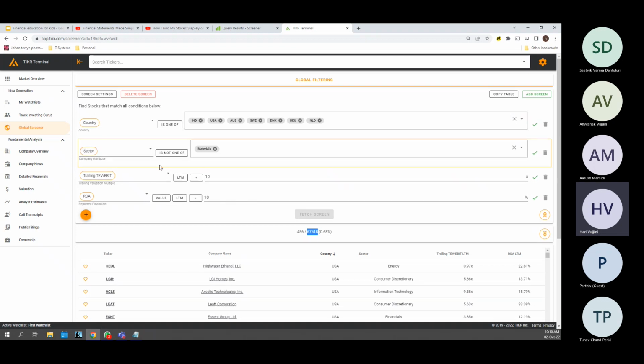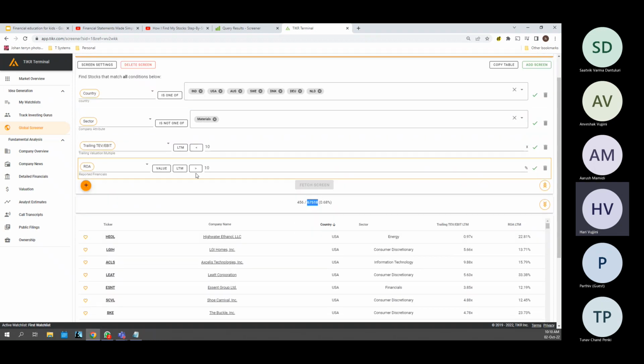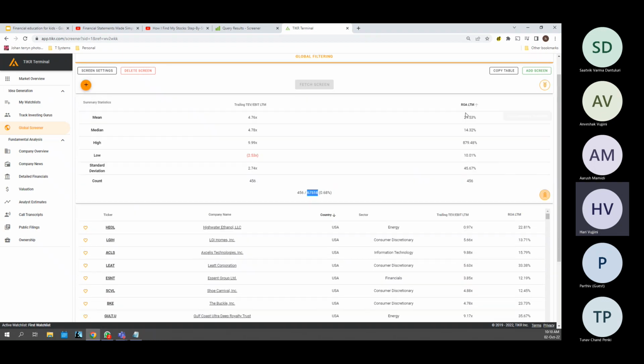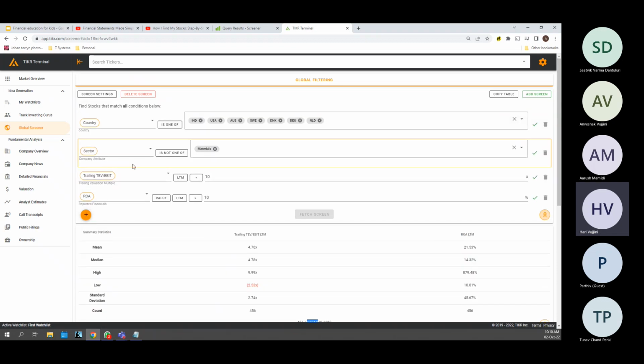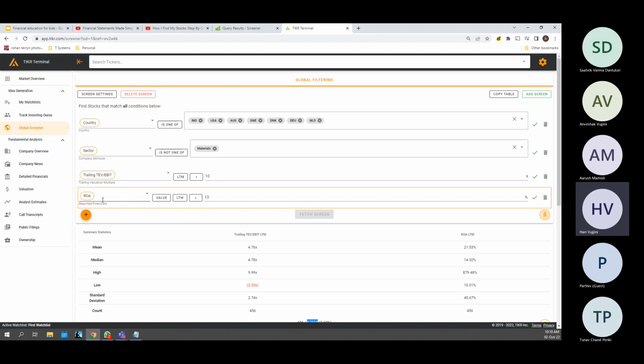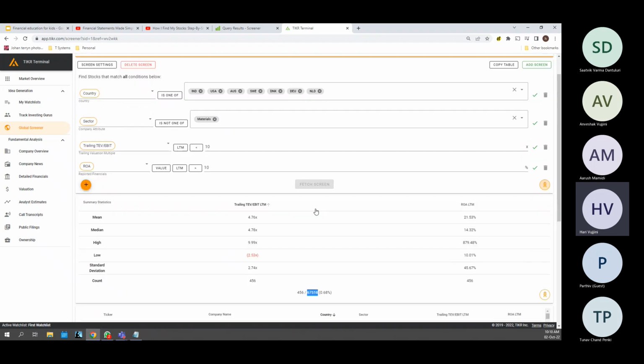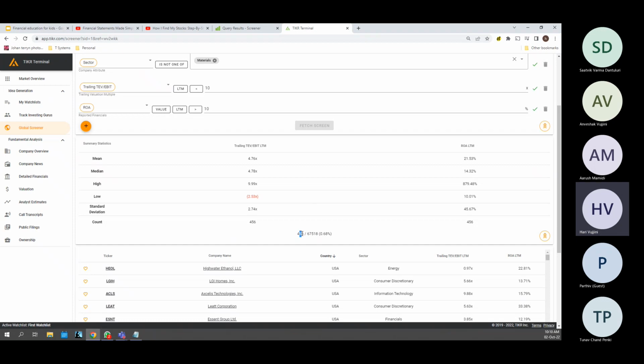If I just choose these attributes, I said the companies should not include materials, and the valuation, enterprise value versus EBITDA, should be less than 10, and return on assets greater than 10, then we got only 456 companies out of 67,000.